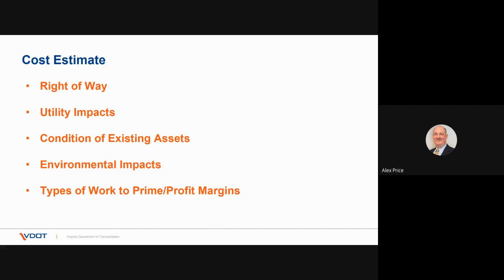Here's a last one, types of work to prime and profit margin. So consider what type of work you're putting out for bid and how much work you're making available for a prime contractor to make a profit.